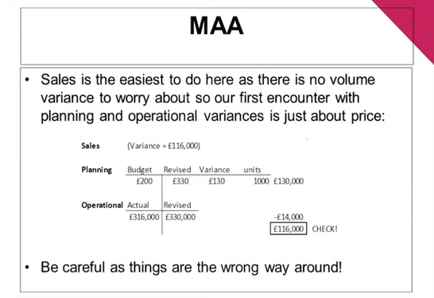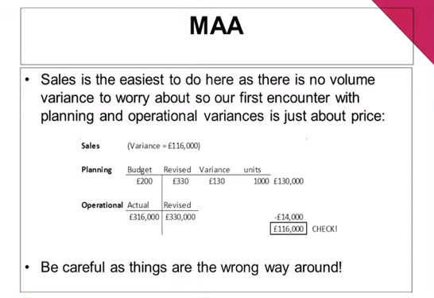If you remember, the sales overall variance was negative 116,000. The nice thing is there isn't a great deal to worry about in that the volume doesn't change. So now all that we're looking at is the price that we could have sold at. So now we can go straight into creating a planning and operational variance.